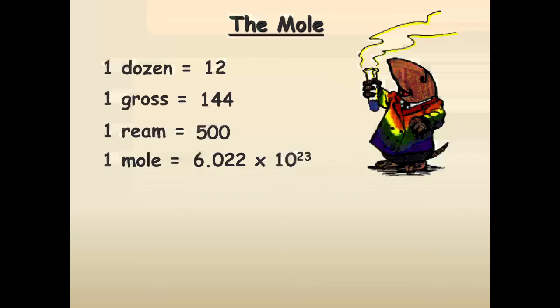So when we're looking to compare things, like comparing a dozen eggs with a dozen cans of pop, while they're different masses and different sizes, they are the same number of pieces, and so we can compare two things that aren't the same by setting the number to be the same. So a mole of gold has the same number of pieces as a mole of hydrogen, even though we'll find that they don't weigh the same.